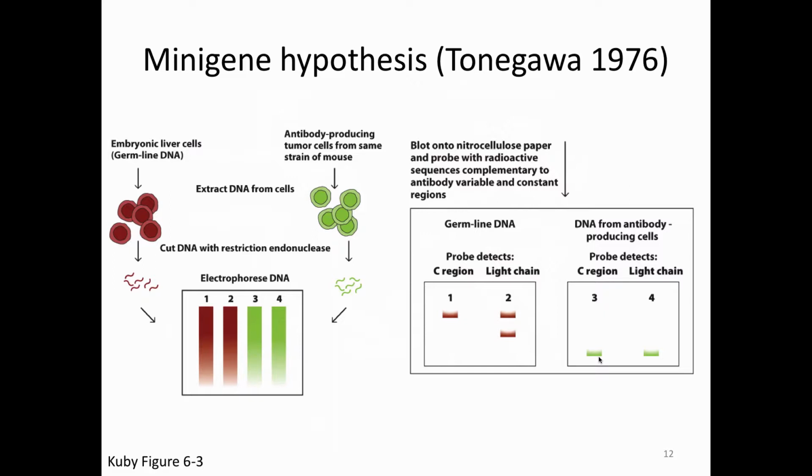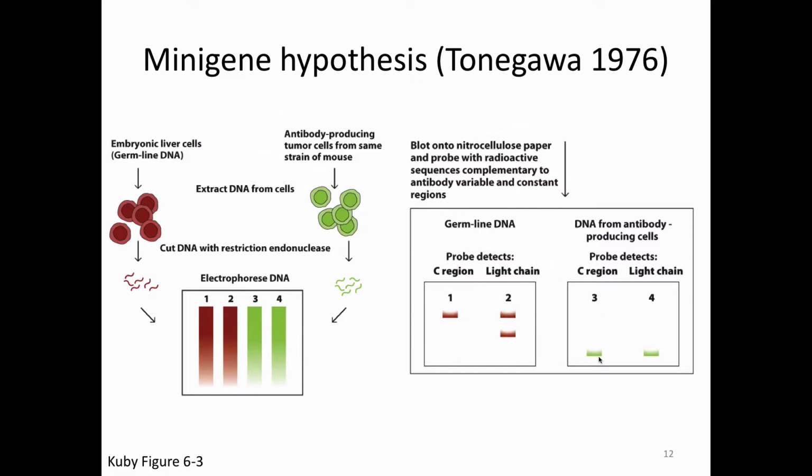So if the Minigene hypothesis was correct, you could imagine that you have a cell with normal DNA. Maybe this is a cell that has not yet undergone this process, or maybe this is a non-immune cell, so it shouldn't be doing these antibody diversity processes.